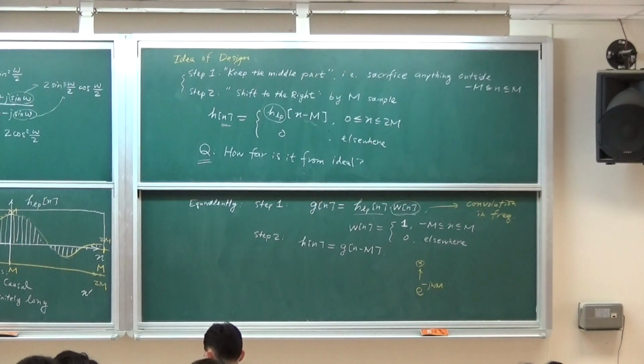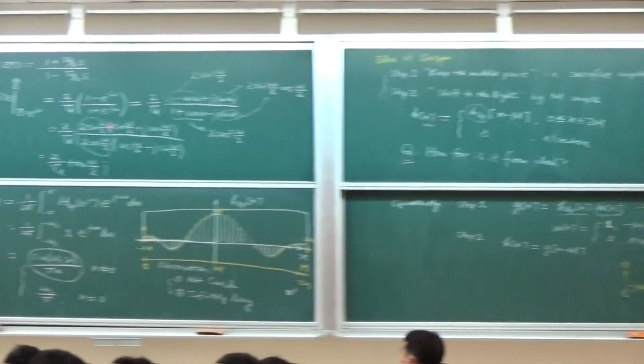For that, let me just keep my drawing over here. Okay, this is the ideal response. Now we'll take a look at what exactly convolution in the frequency domain is, and how it would change our magnitude response.